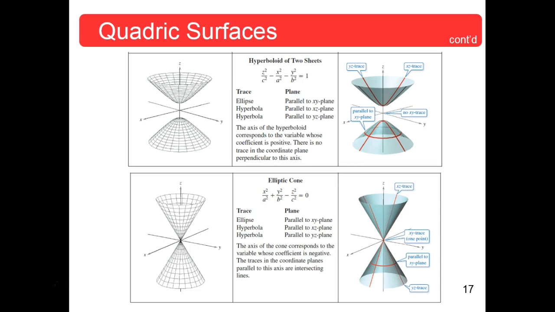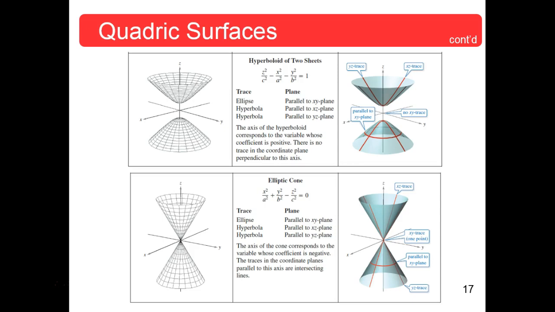If z was greater than c, then this is a number greater than 1. Subtract it from 1 and you have a negative number. Then you have negative, negative, negative, multiply everything by plus 1, and you get positive.